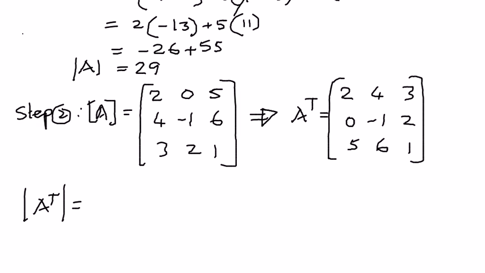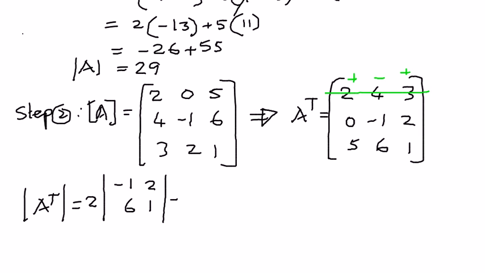Here again, for convenience sake, we will travel along the first row, and according to our sign convention, the first element takes on a positive sign, the second element takes on a negative sign, the third element takes on a positive sign. Therefore, we start with element 2, and write the minors of that, which are -1, 2, 6, and 1.